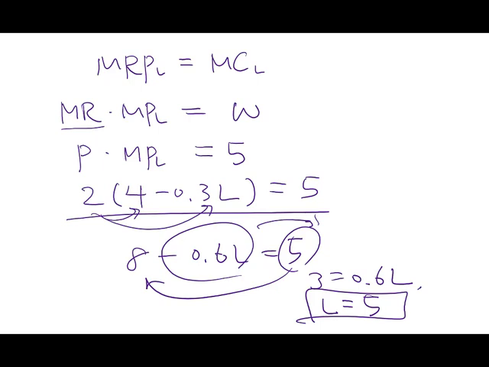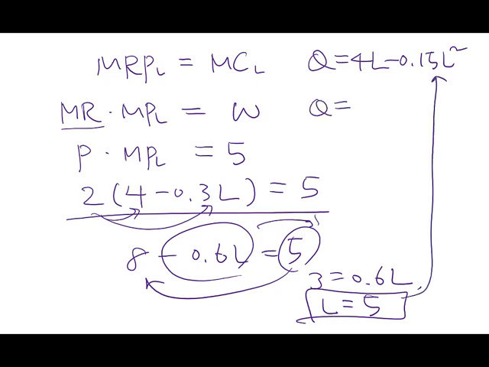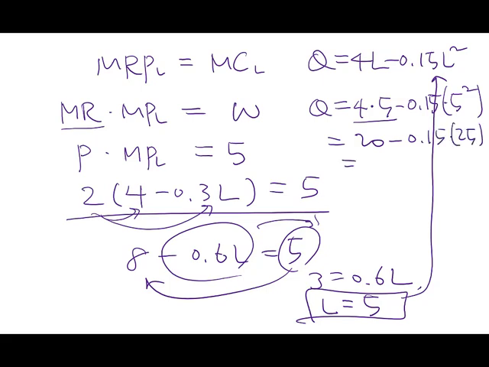5, right? But then of course, we know quantity of output, Q, will be determined by this production function. So when you plug this one here, you know what is optimal profit maximizing output. So 4 multiply 5, minus 0.15 times 5 square, right? So you have 20 minus 0.15 multiply 25.